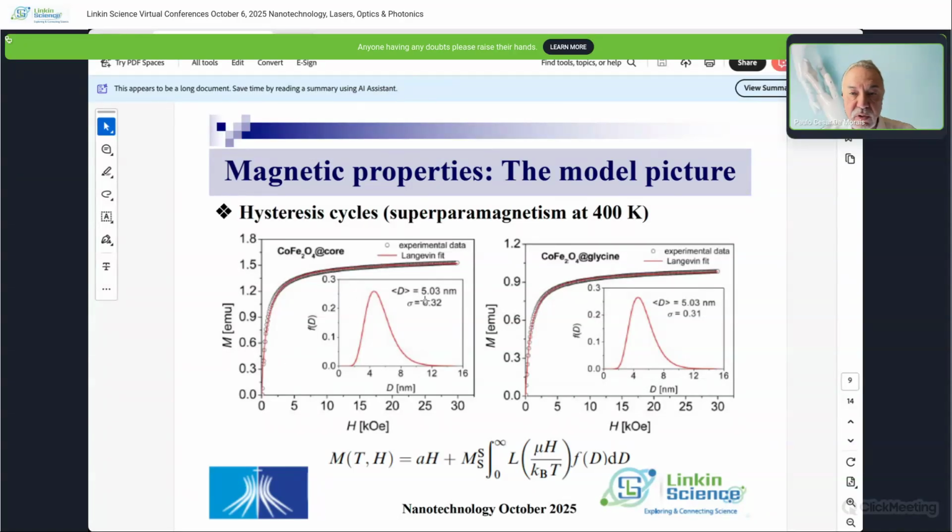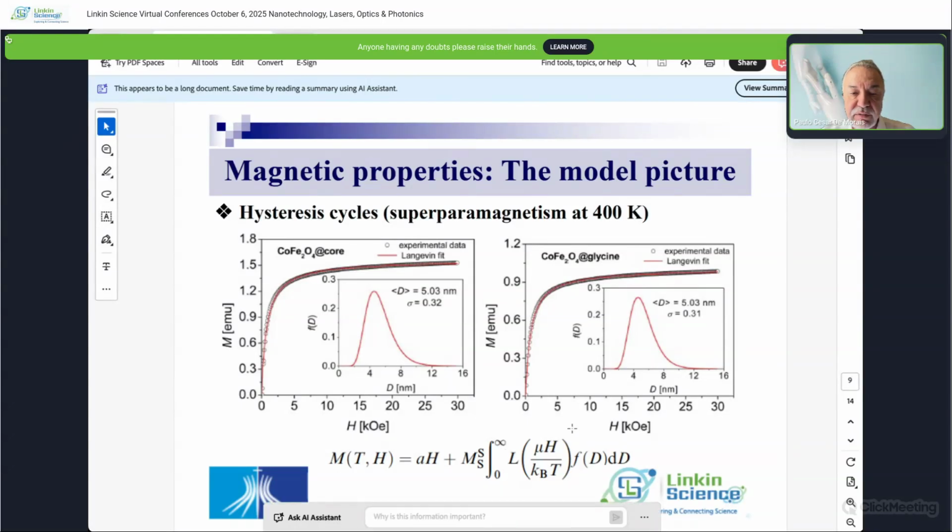We can, of course, fit the data. You see in both plots, symbols are experimental data, and the solid red line is the best fitting of the data using the expression shown in the bottom of my slide. So it is typically the model for a superparamagnetic system.